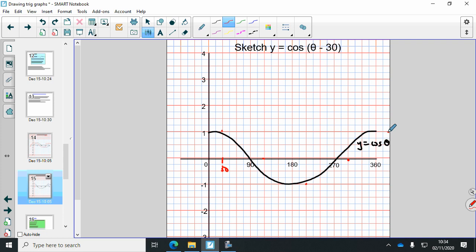It's going to look like this. And then just make sure it comes back down and joins up again. You don't want a little gap there. So that is y equals cos of theta minus 30. So it always moves in the opposite direction to what it's written as. If it's plus an angle, it's going to move to the left. If it's minus an angle, it's going to move to the right.